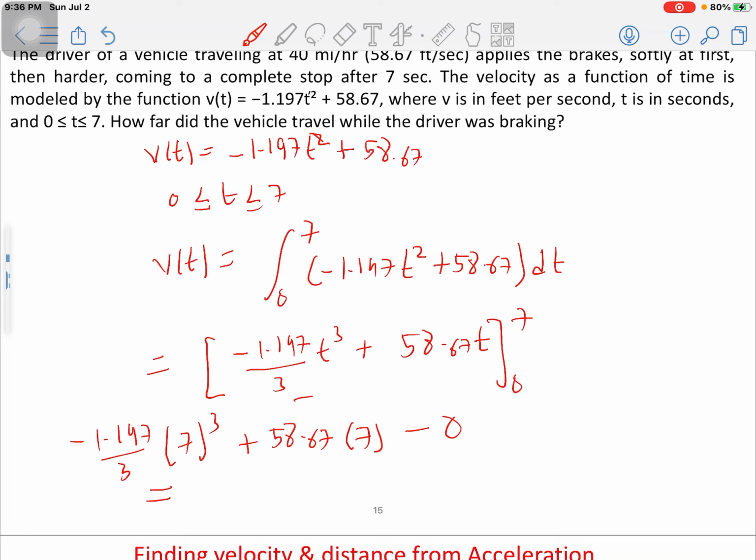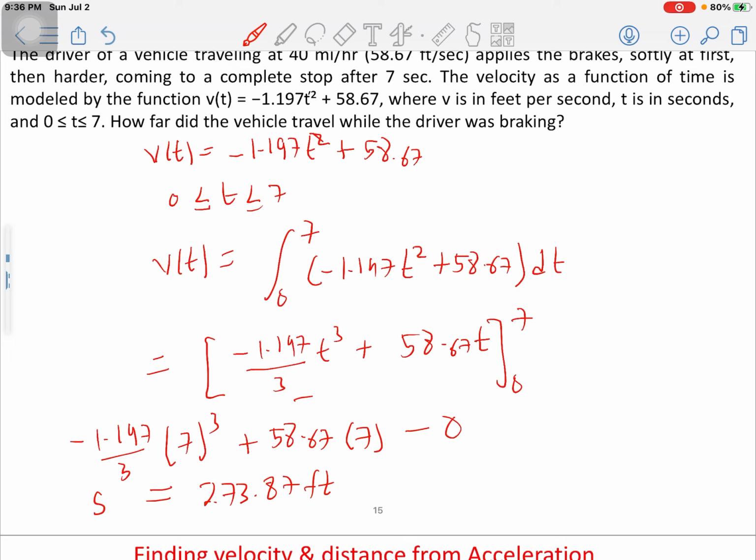At the end of the day, I get my distance traveled s to be equal to 273.87 feet. So this is nearly the length of a football field.